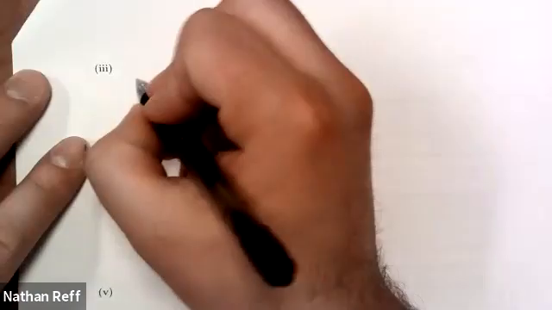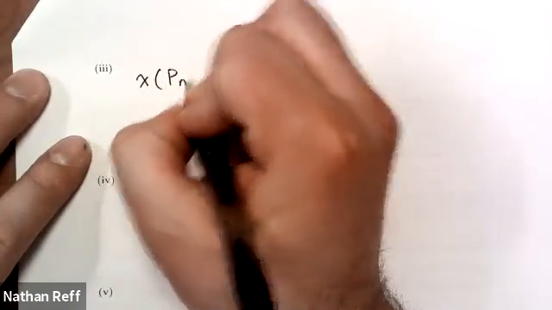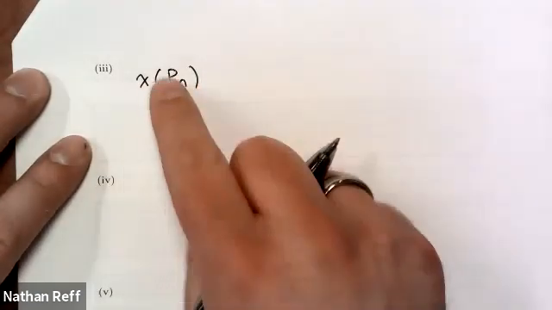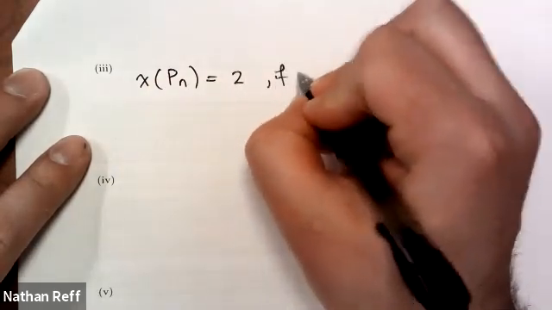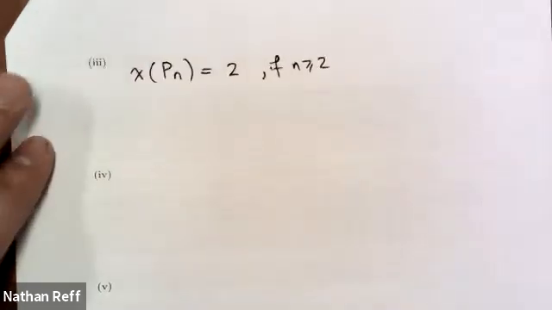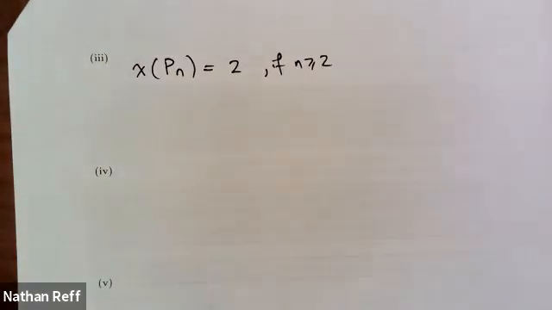So the chromatic number for Pn, for a path graph, is equal to 2 as long as n is greater than or equal to 2, right? I mean, if it's just a single vertex, then you don't need two colors, right?